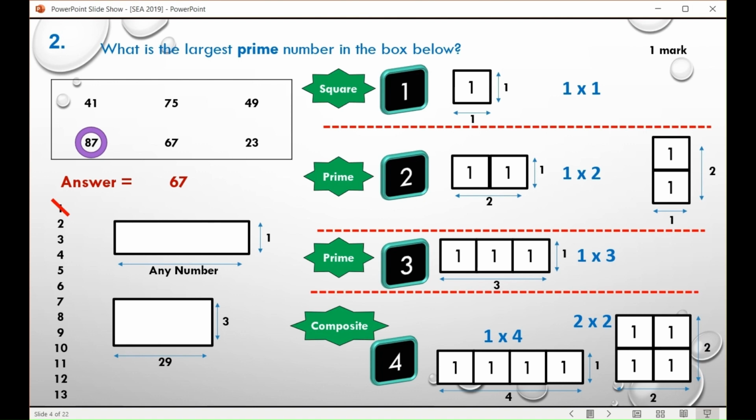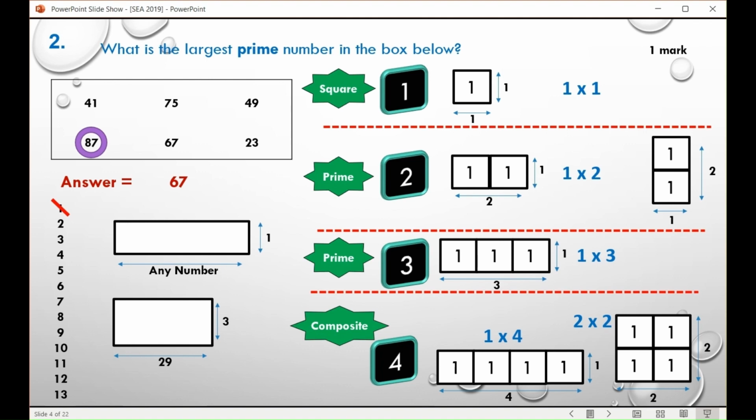And if we're trying 3, some of us will know that if we add 3 to 87, we will get 88, 89, 90. How many 3s are there in 90? 30 3s. So if 30 3s is 90, and we take out one group of 3, we have 29 3s. So 3 times 29 is 87.